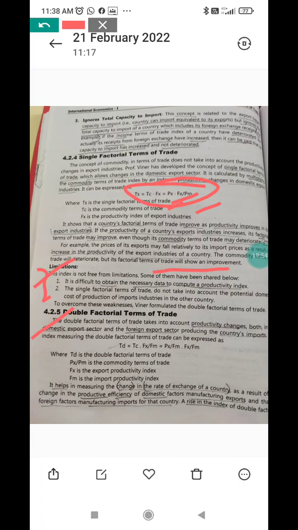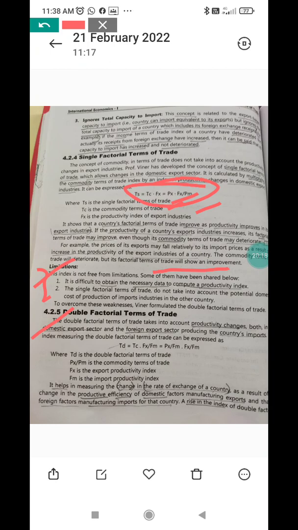Okay, FX export productivity index and import productivity index. Okay, so TD is equal to TC, FX divided by FM is equal to PX divided by PM, FX divided by FM. So it helps in measuring the change in the rate of exchange of a country.